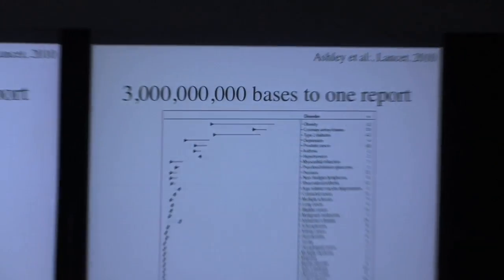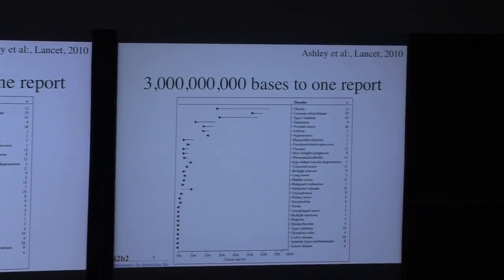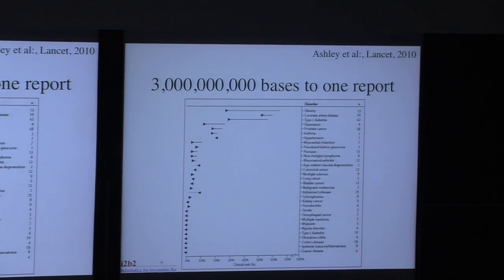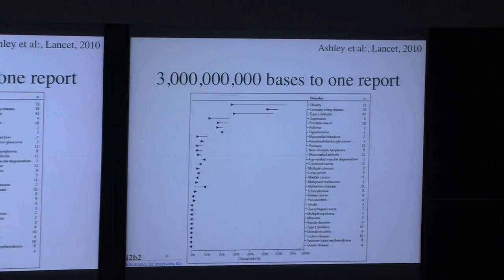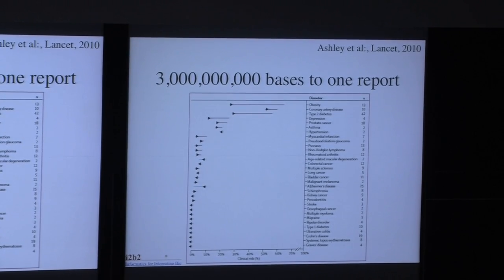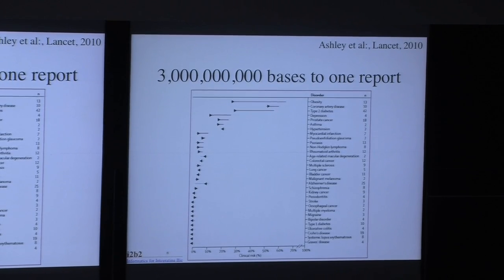So one of my former students is Atul Butte. Atul Butte was an MD PhD with me, and he did exactly what Mike just told you. He did this marvelous report where each one of those triangles represents, for that disease, the population prevalence for that disease, and then the little lines, red or green, are measures of how much your genome changes that risk based on the reading of the literature.